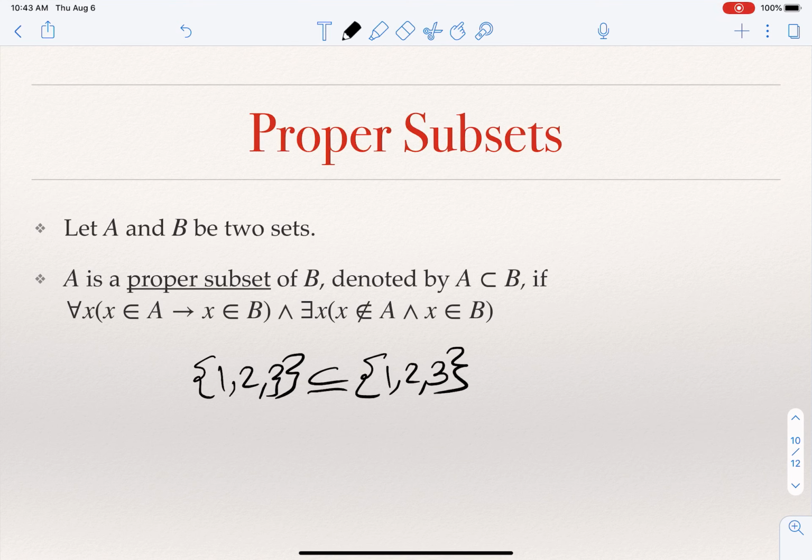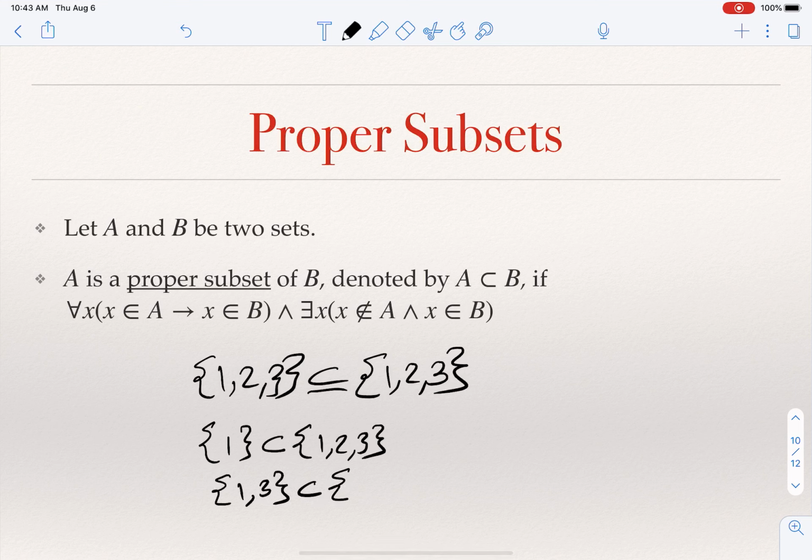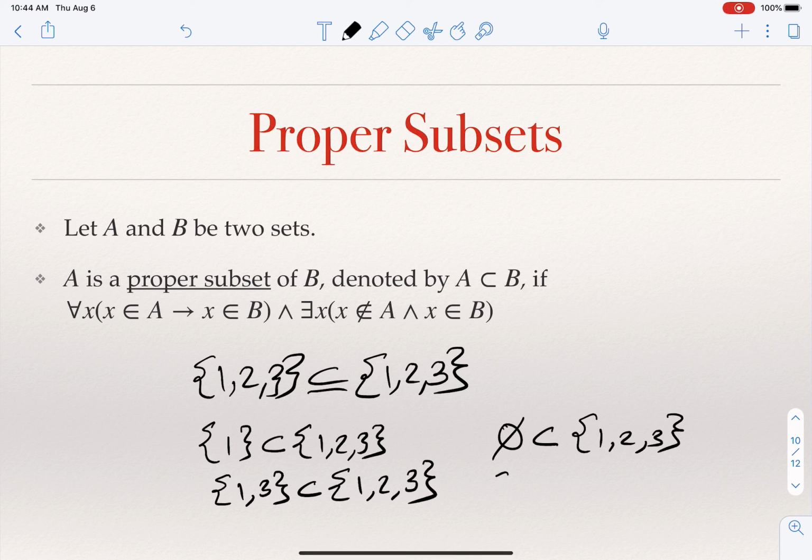So for example, {1} is a proper subset of {1, 2, 3}. {1, 3} is a proper subset of {1, 2, 3}. The empty set is a proper subset of {1, 2, 3}. However, {1, 2, 3} is not a proper subset of {1, 2, 3}.